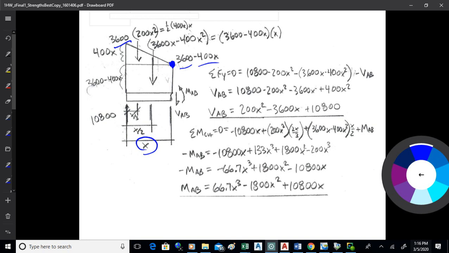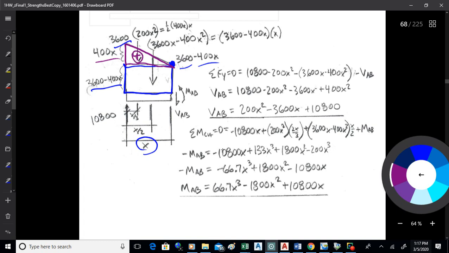So that's going to give you these two shapes. The rectangle on the bottom has a base of x and a height of 3,600 minus 400x. And the triangle on the top is just going to have a height equal to the amount of drop. It'll be 400x. And then you're going to have the centroidal locations. For the triangle, it's a third of the base over from the right angle. For the rectangle, it's half of the base. Okay?